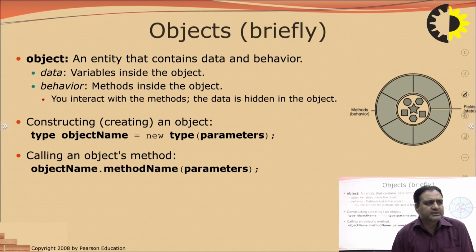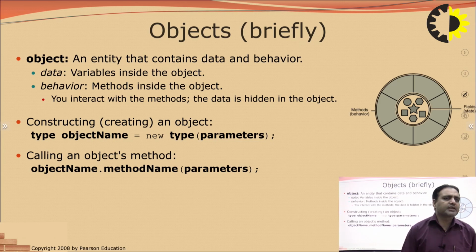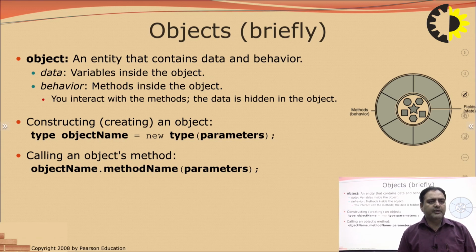Objects mean an entity that contains data and behavior. Data is the particular data stored in variables, and we can create the behavior via the methods.